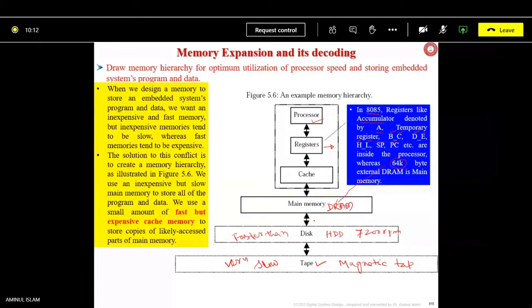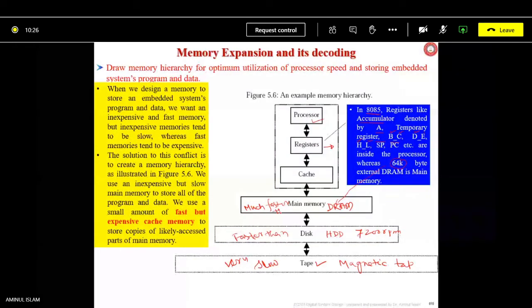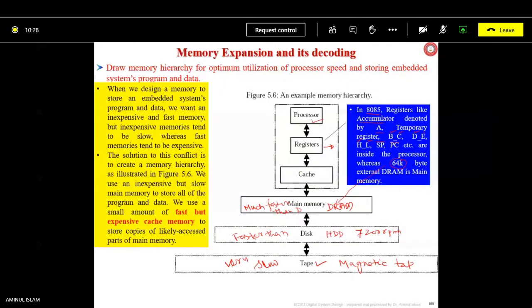So to bridge the gap between the processor and the hard disk, another memory was designed, that is DRAM. DRAM was much faster than disk.